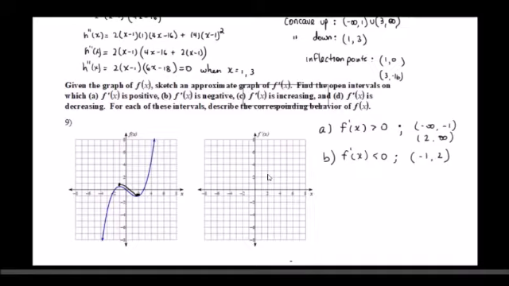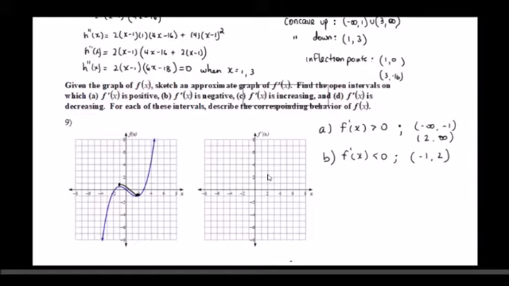So what we're talking about with the second derivative is concavity. So if you remember from section 3.3, when we talked about the second derivative on concavity, if the second derivative is positive, the graph is concave up. Wherever the second derivative is negative, the graph is concave down.